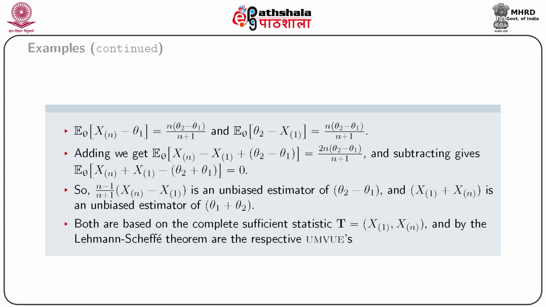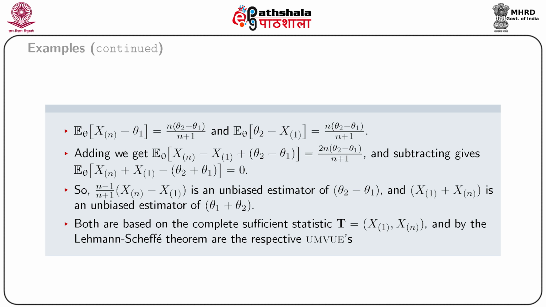Again, subtracting 2 from 1, we get expectation of X ordered n plus X ordered 1 minus theta 1 minus theta 2 is equal to 0, which implies expectation of X ordered n plus X ordered 1 is equal to theta 1 plus theta 2.